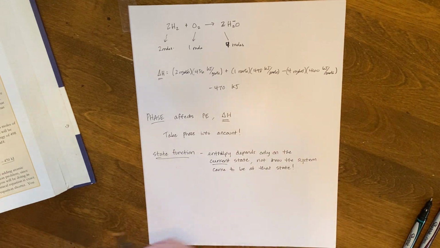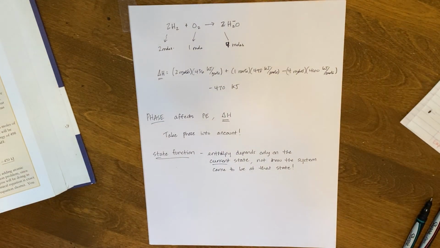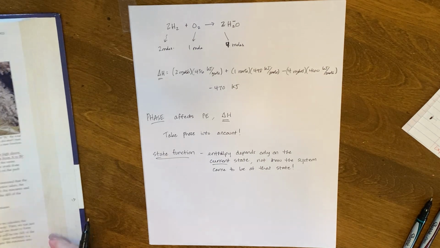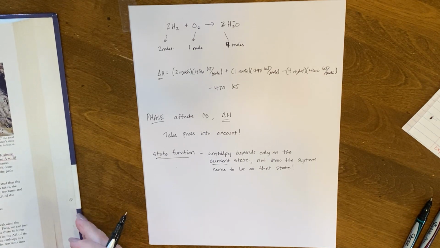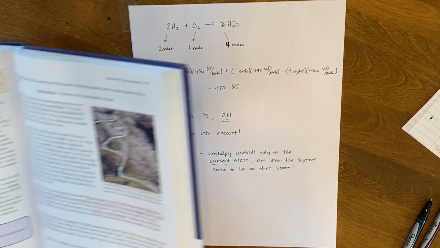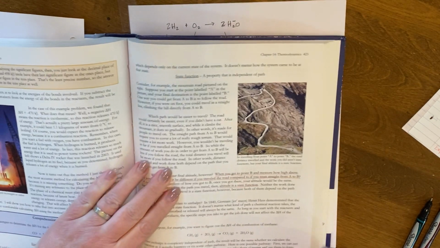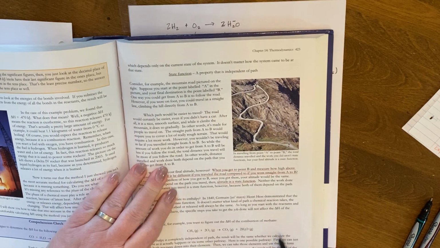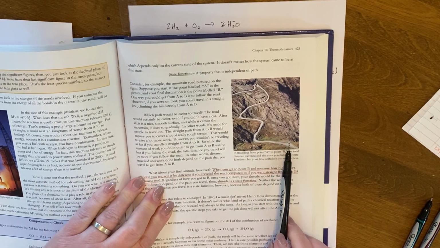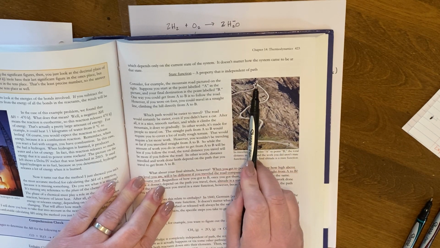Okay, so it uses an example in the book on page 423 of kind of explaining what a state function is. It shows point A down here at the base of a mountain and point B being at the top of the mountain.